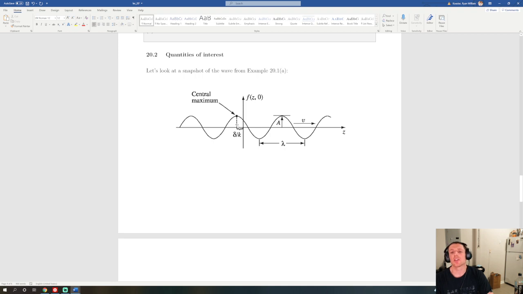And then now we can come back to the picture here, and we can look at this delta over k thing, and we can see that this just tells us how the wave is delayed. Because normally for a cosine, the central maximum would occur right here at t equals 0 and z equals 0, right? But we see that for this wave, for instance, it doesn't. It's delayed a little bit.